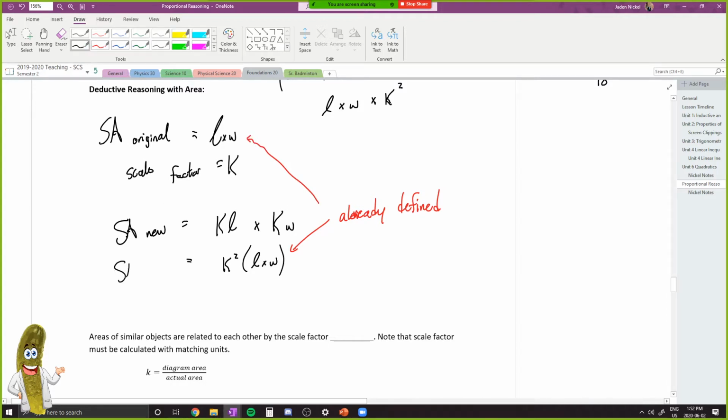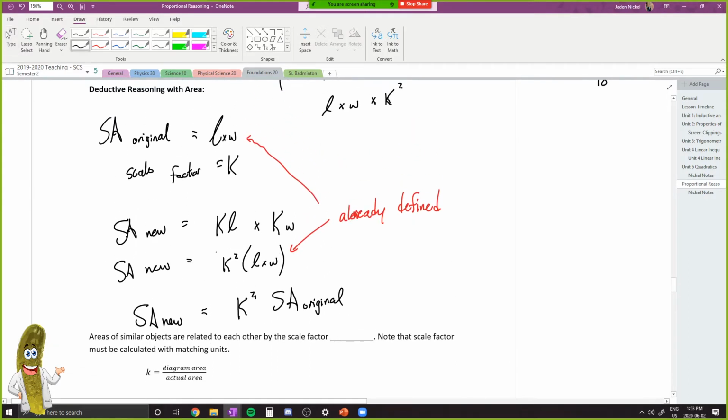So we can say the surface area of the new object is equal to k squared, and then for length and width, I'm going to plug in the surface area of the original object. From that, we get a formula: the surface area of the new thing is equal to k squared times the surface area of the original.